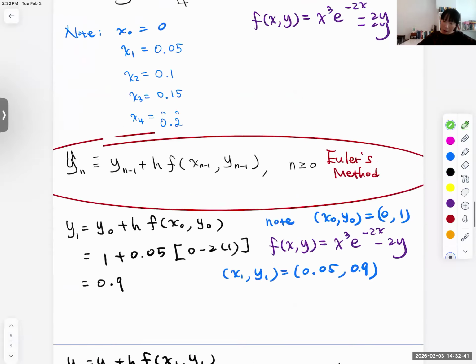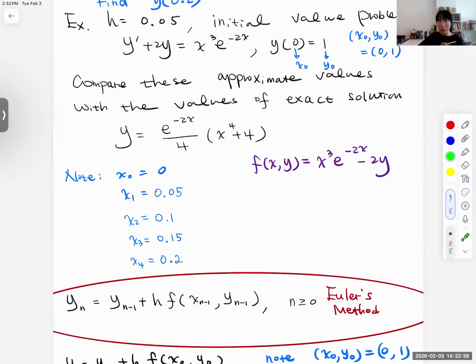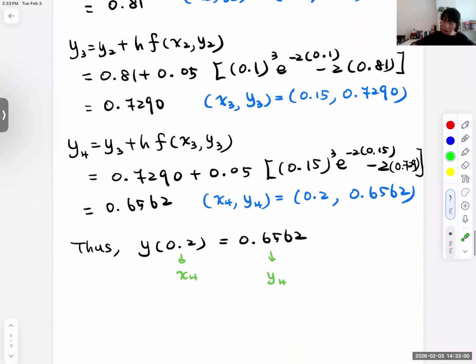Now they say that we want to compare the approximate values with the exact solutions. So this is the original equation, the original solution. Okay, let's do that. I have a nice table here. We had a step size earlier, h equal to 0.05.